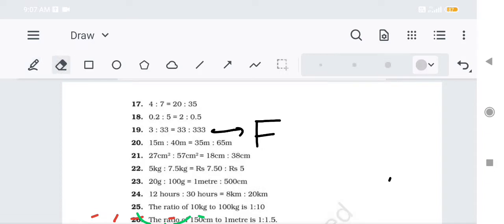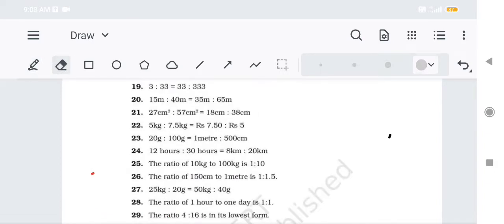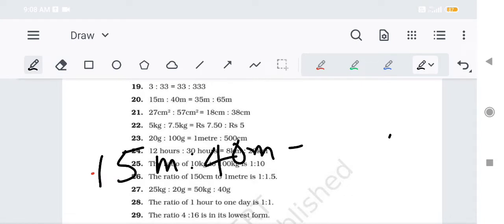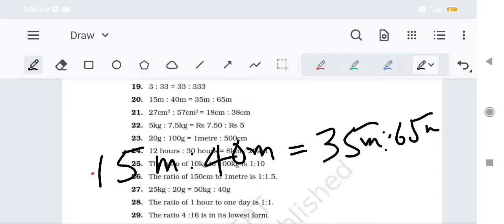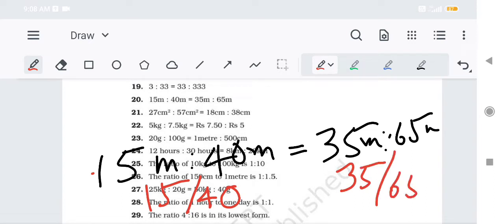Let's come to the next one. In question number 20 it is written 15 meter is to 40 meter is equal to 35 meter is to 65 meter. Now again the same thing we have to check. Let's convert it to fractions. Now you can see that both of these fractions are not in their simplest form, so it will be better to convert them to their simplest form.